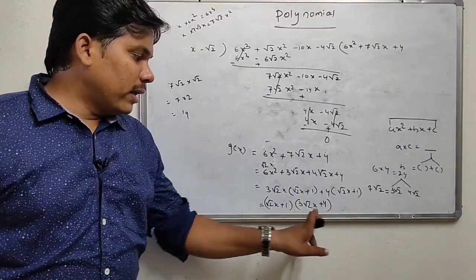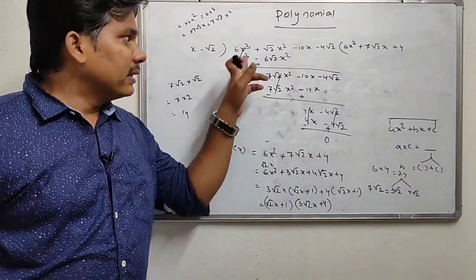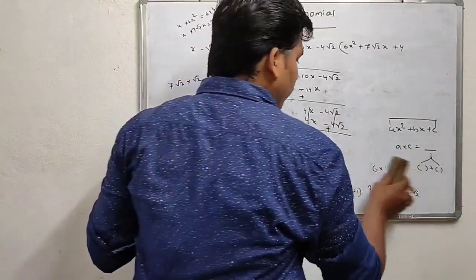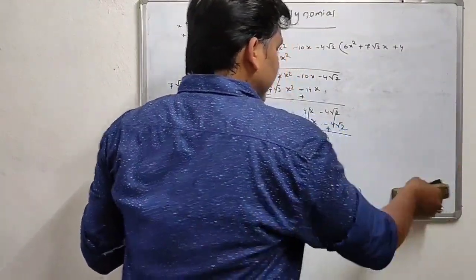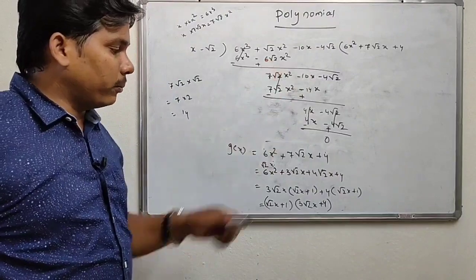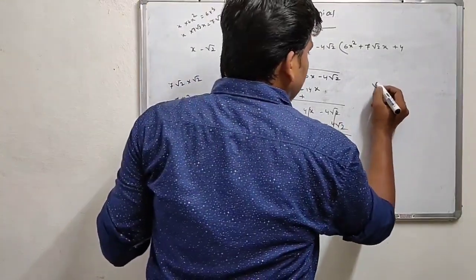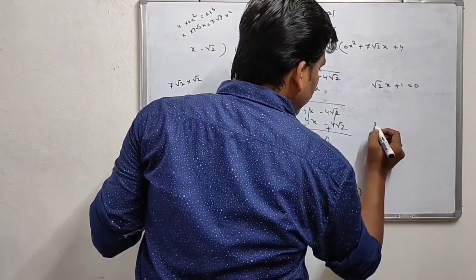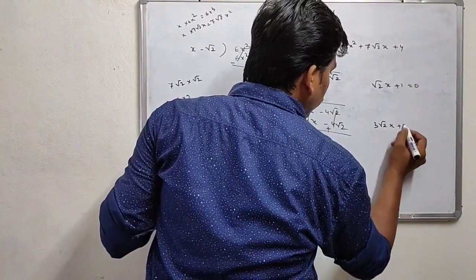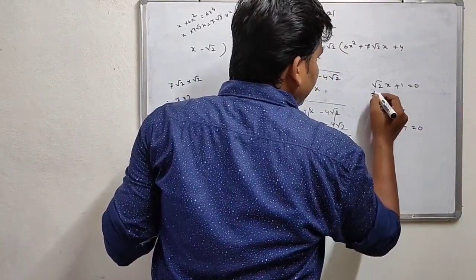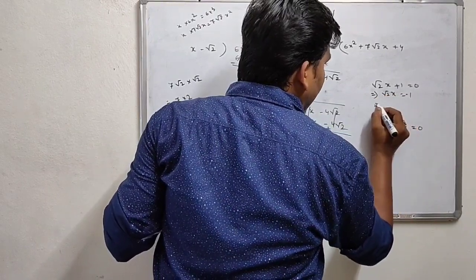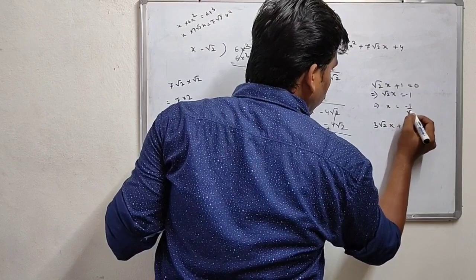Now, these two are the factors of this polynomial. Now, I can easily find the zeros from these factors. If these are the factors of this polynomial, then I can write root 2x plus 1 equal to 0 and 3 root 2x plus 4 also equal to 0. If this is 0, root 2x equals minus 1, x equals minus 1 by root 2.